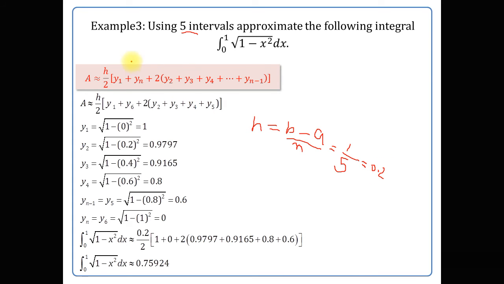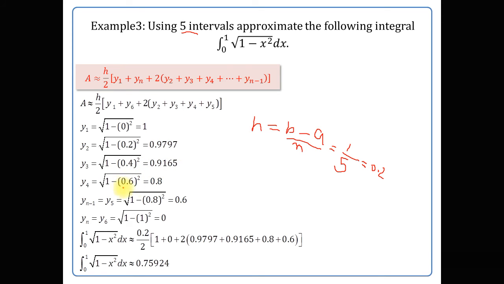Now adding this 0.2 to the initial value, you will obtain the next value of x as 0.2. 0 plus 0.2, the next value is 0.2. So putting x is equal to 0.2, the function value is 0.9797. Now adding this step size to 0.2, the next value of x is 0.4. Putting x is equal to 0.4 in the given function, the value of the function is 0.9169.